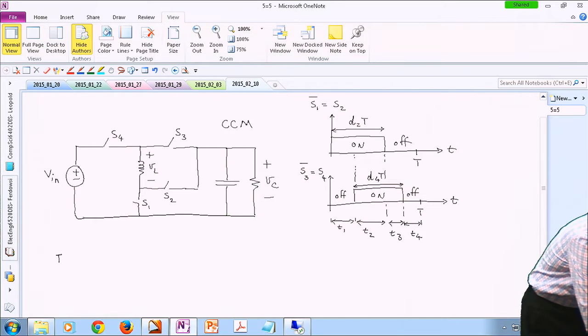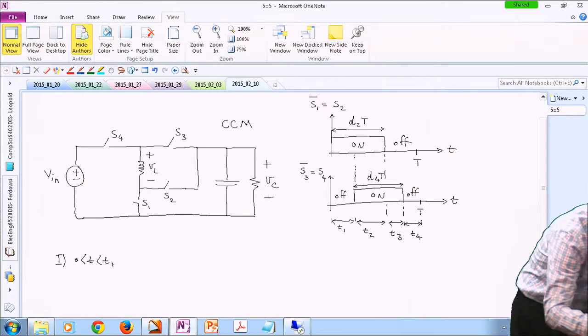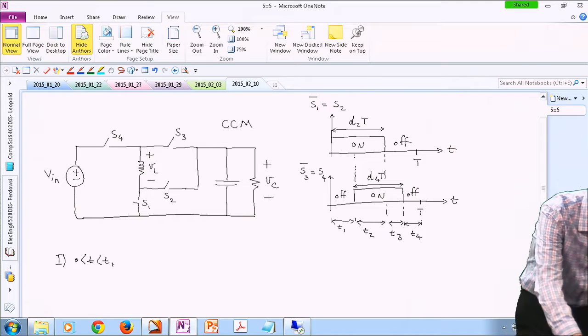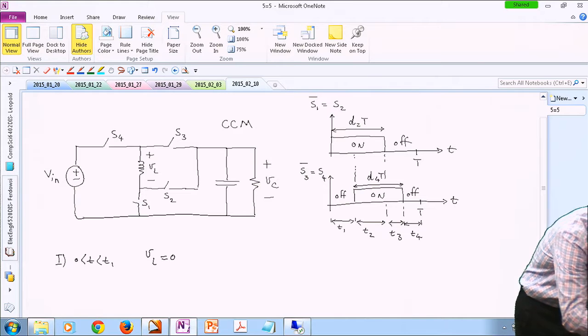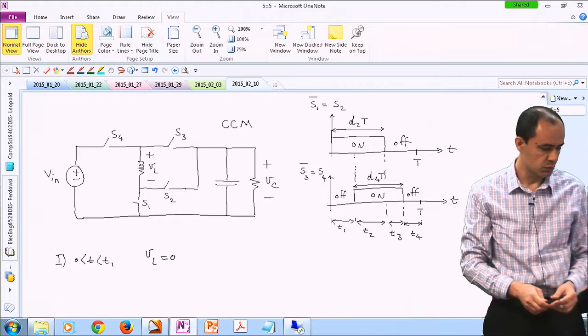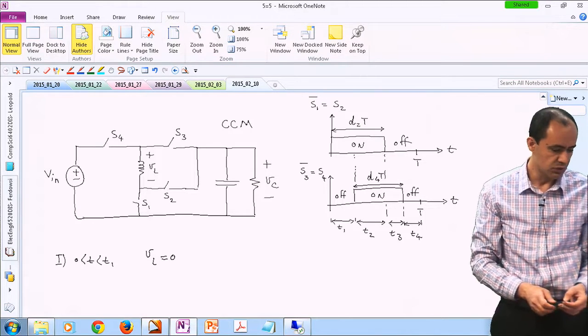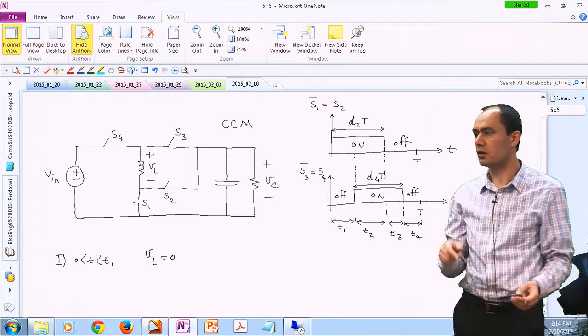Like in mode 1, this is the duration of this mode, and the top switch is on, the bottom switch is off, and VL turns out to be 0. Okay, so S2 is on, and S3 is also on. So basically, we are shorting VL.